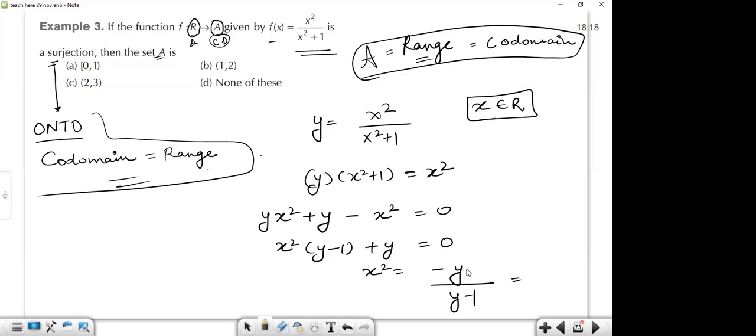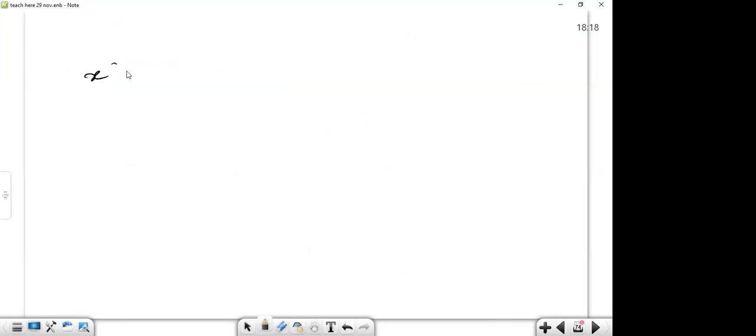Now we can multiply minus in the numerator and the denominator. This becomes y and this becomes 1 minus y. Agree? So x square is equal to y upon 1 minus y.